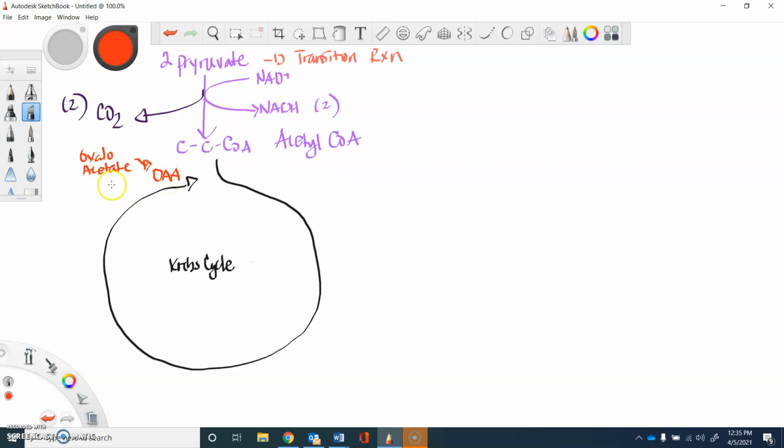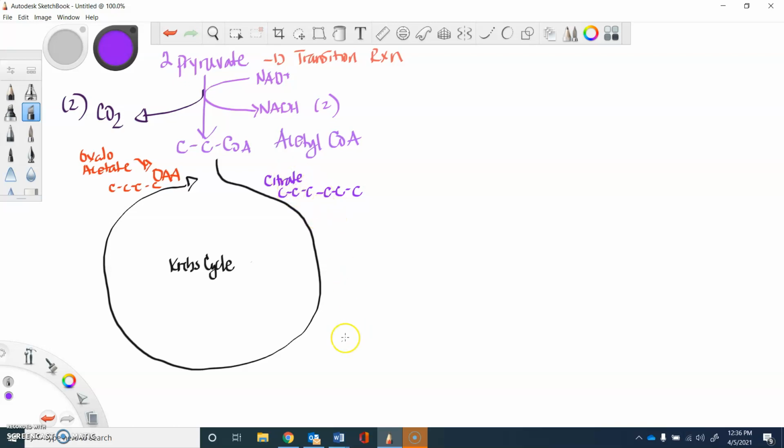And oxaloacetate is a 4-carbon molecule. And when it combines with acetyl-CoA, it enters the Krebs cycle and becomes citrate, a 6-carbon molecule. Okay, so acetyl-CoA combines with oxaloacetate and becomes citrate here.